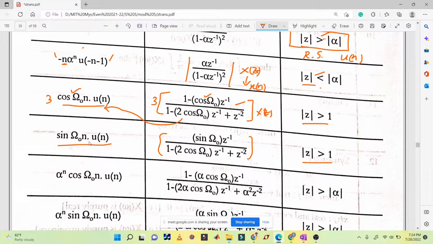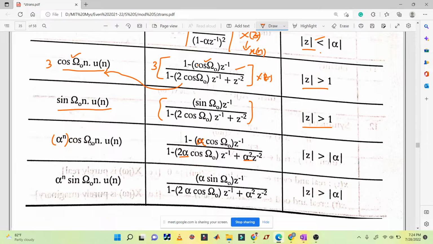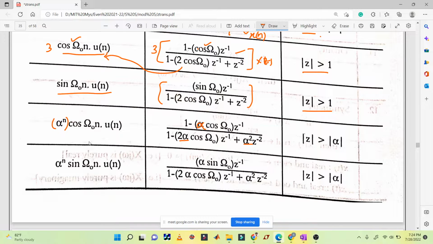Okay, if all these sequences are multiplied by alpha to the power n, then wherever you have the sequence, like instead of 1 you have cos omega naught, it is multiplied by alpha into cos omega naught z inverse. Here 2 into alpha, here alpha square, so you will get the value of alpha in the z transform as well.